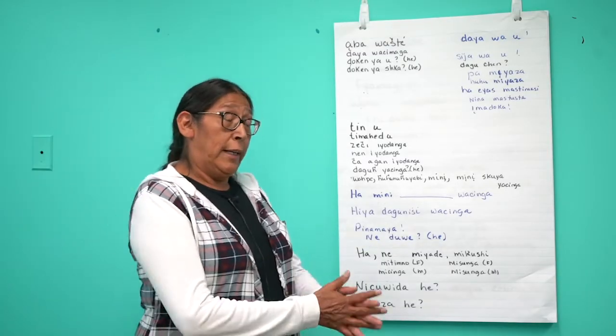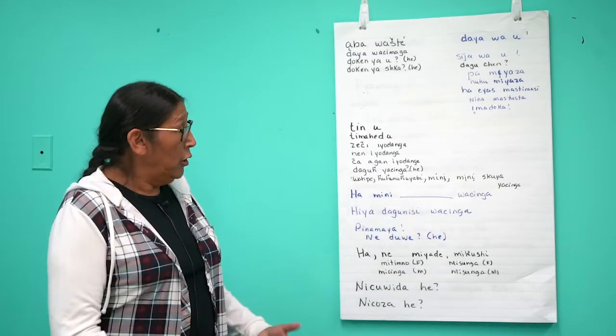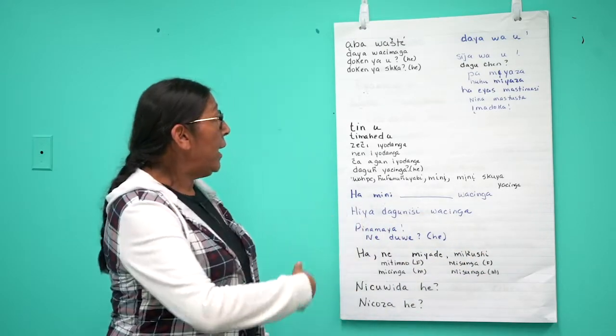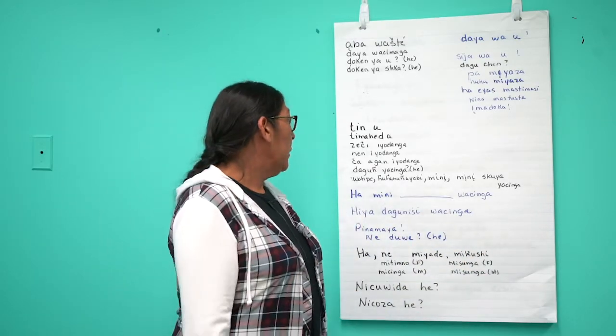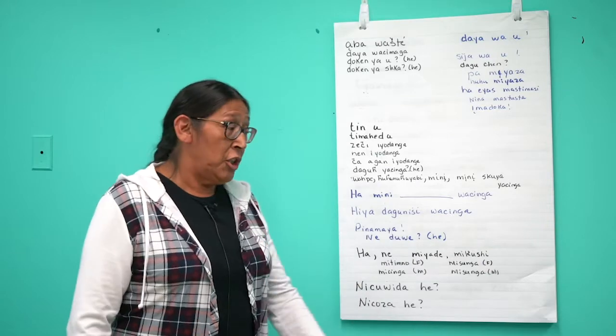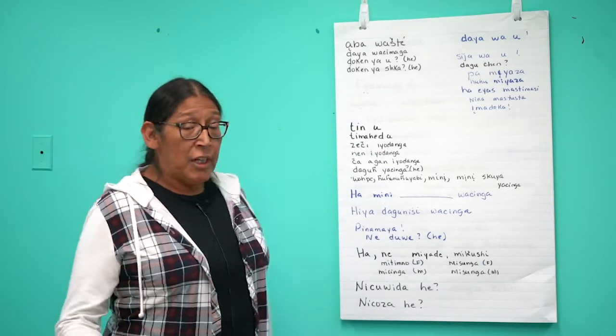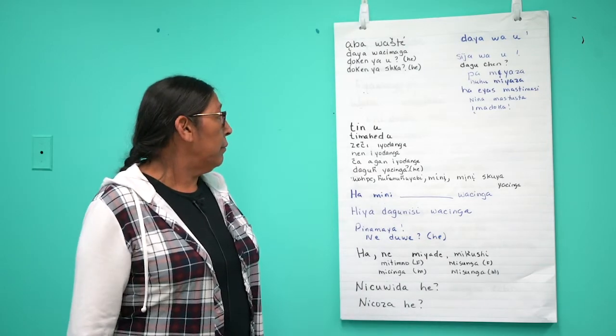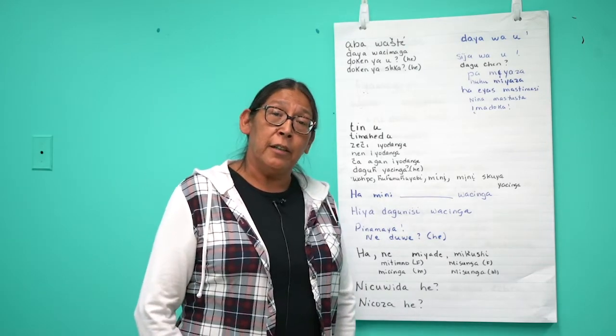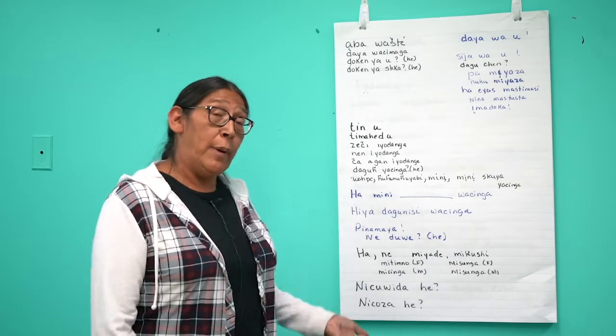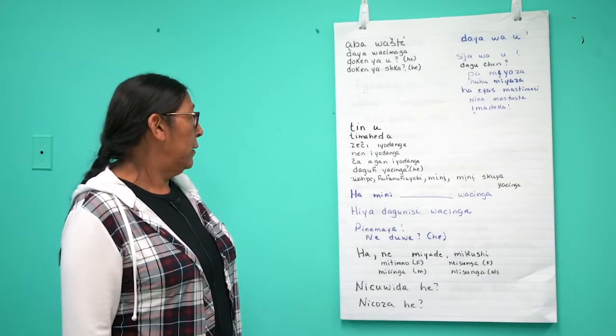Then you can tell them to come inside your home, invite them into your home: ten-u, or timahed u, nen iodang, or cha agan iodang, or jeche iodang. Daguchiaching, do you want anything? And if you're a man, daguchiachinga ha.